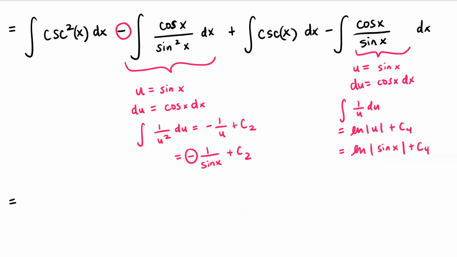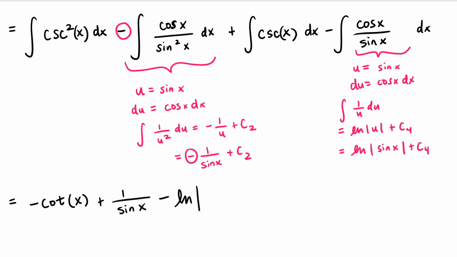Okay, let's clean this up. So our first integral, cosecant squared x, its antiderivative is negative cotangent of x. And then we have plus 1 over sine of x. And our third integral, if we're integrating cosecant x, that ends up being the natural log of the absolute value. This should be a minus sign.